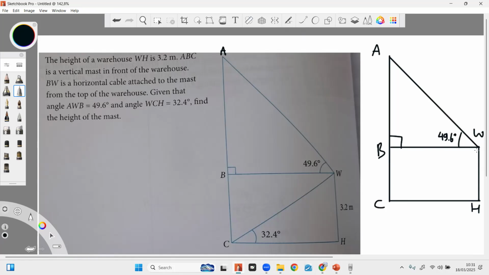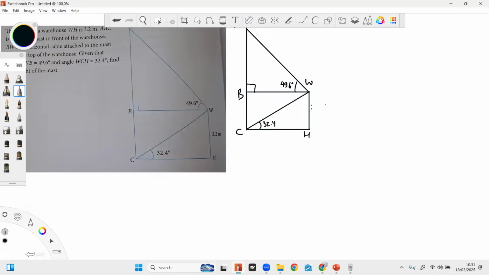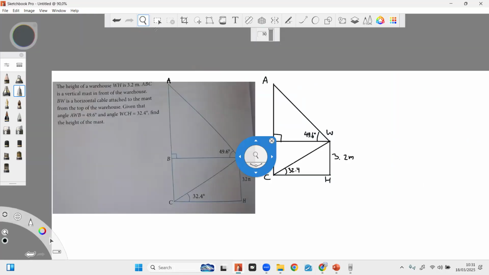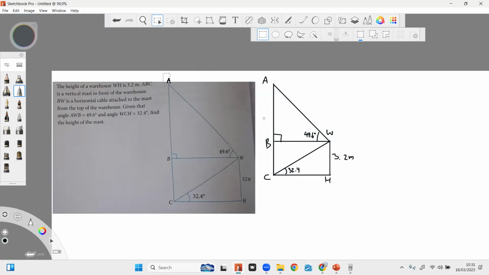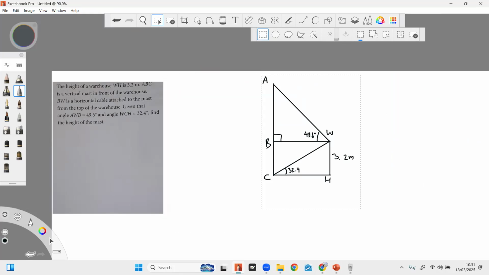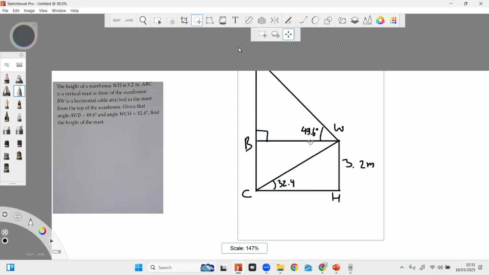Then a straight line here, 32.4. And this is 3.2 meter. Base. Make it a bit bigger. There you go.